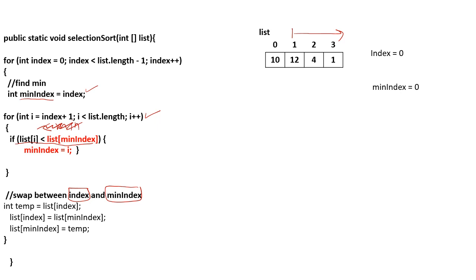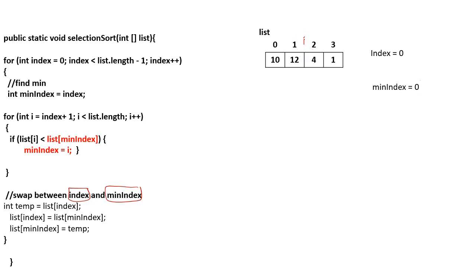So if I have minimum index as 0 and location I, for example, starting from 1, has the value 12, I'm saying go and compare the element at I with the element at minimum index. If it is smaller, then change it. And then increment I, so I'll go there. The element at I, which is 2, is it smaller than the element at minimum index? So we are just reducing steps by removing the minimum variable.